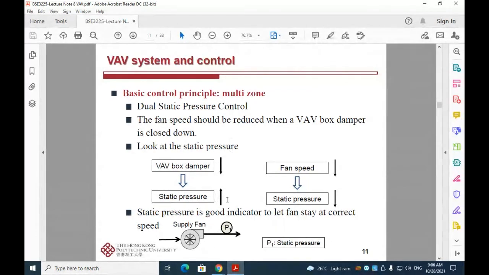And then the controller will reduce the fan speed, and then the static pressure will be reduced again. So the static pressure is a good indicator to let the fan stay at a correct speed.